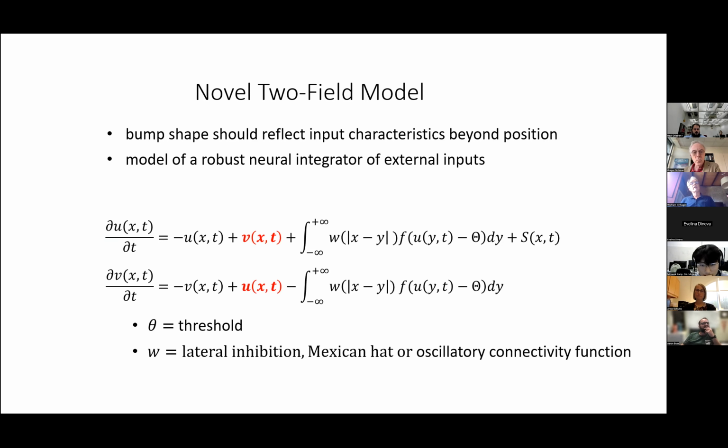So the V population integrates the U activity with the same kernel, which could be any kernel: lateral inhibition, Mexican hat, oscillatory connectivity, anything, and feeds it back to the U population. So there is this local coupling, which guarantees a tight local balance between excitation and inhibition, which is essentially responsible for stabilizing activity at any level.